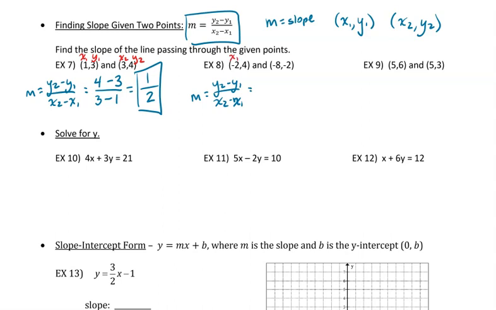And this is x1, y1, x2, y2. So y2 is negative 2, minus y1 is 4, over x2 is negative 8, minus x1 is negative 2. So be very careful here.